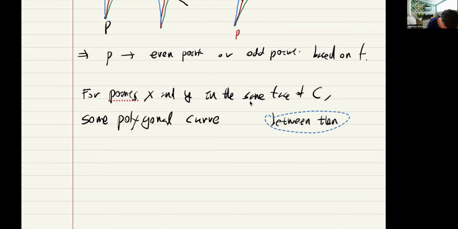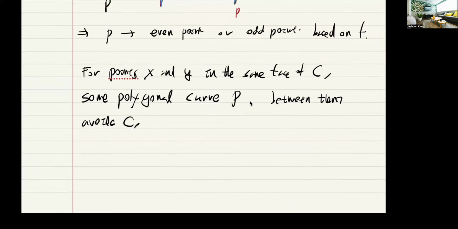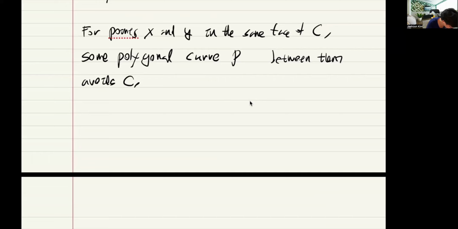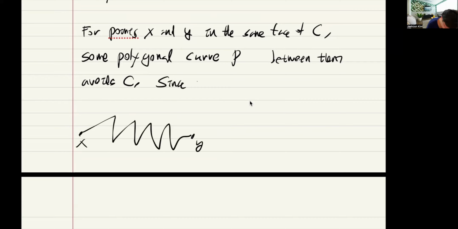Say this polygonal curve is P. It avoids C. And so you have X and you have Y. Okay. Each segment of it does not intersect C.